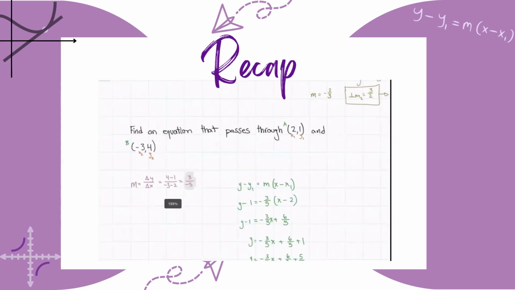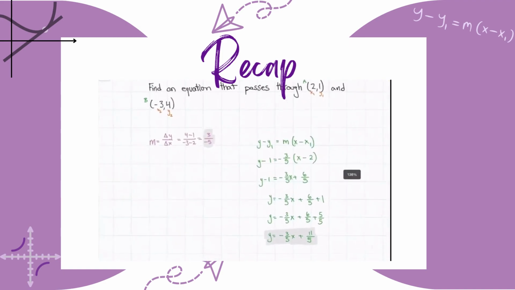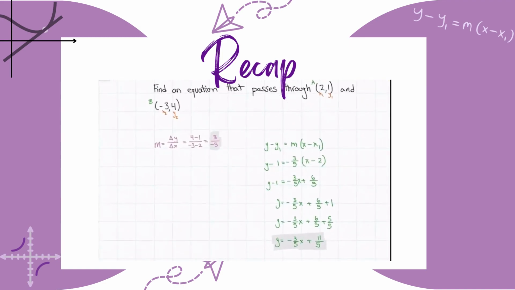And then moving forward with some thinking questions. If we are given 2 points, the first thing that we would need to do is make sure we figure out what the slope is. And then once we have figured out what our slope is, we plug it into the equation. We also use one of the points in order to figure out what the equation would be.